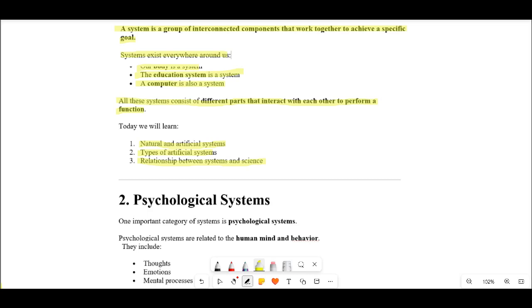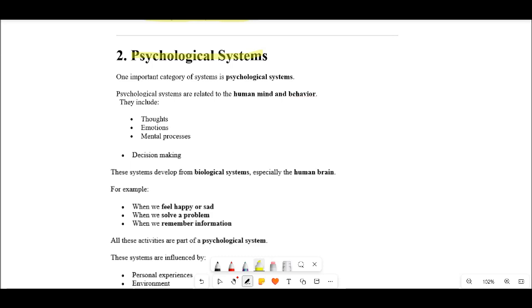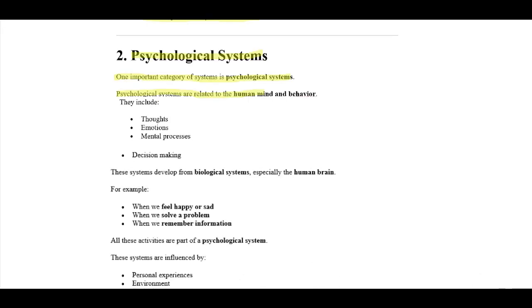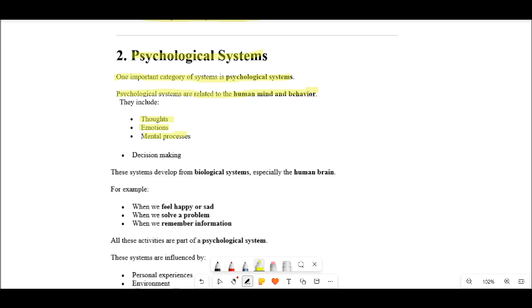So today we are going to talk about the types of natural systems. Psychological system. One of the most important categories of system is the psychological system, because psychological systems are those which are related to the human mind and behavior. They include our thoughts, our emotions and our mental processes, and decision making is also part of our psychological systems.